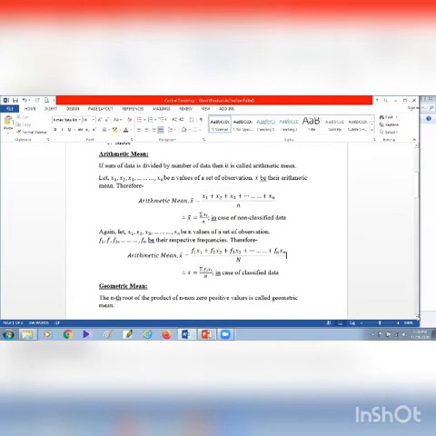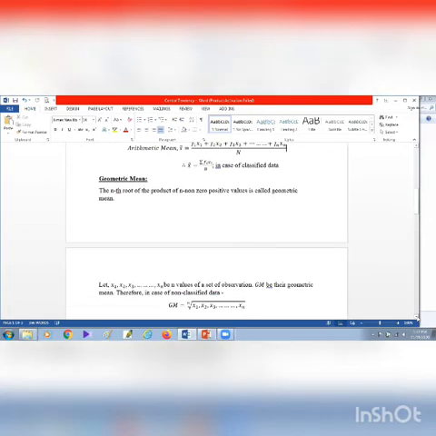If the data is presented in a frequency distribution table, to determine the arithmetic mean we will use x bar equals summation fi xi divided by capital N.